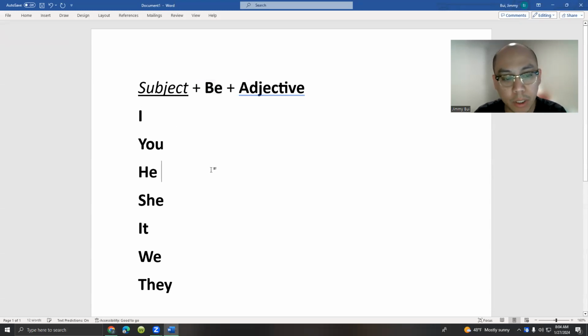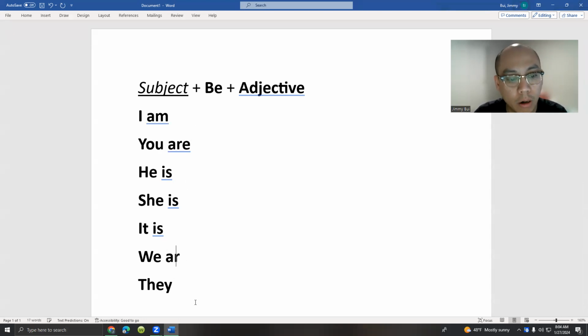Within the book, it shows is, the verb be. So he is. For she and it, we also use the word is. I am, you are, we are, they are. And so what we are looking at here is the subject pronoun and the verb be.